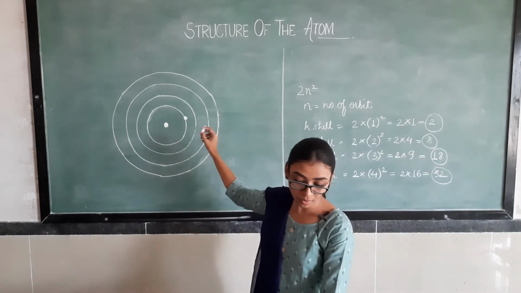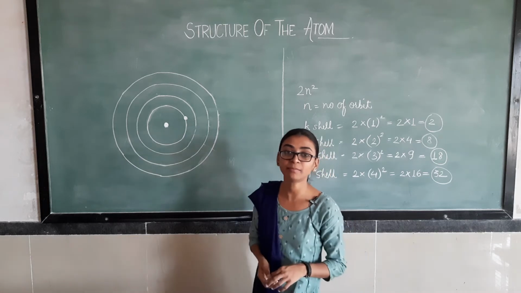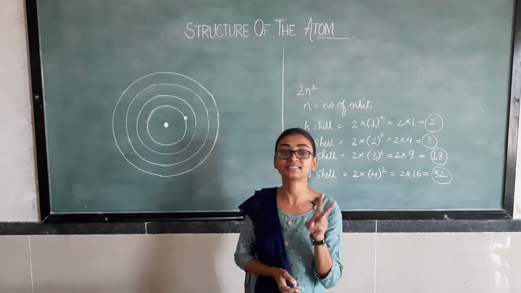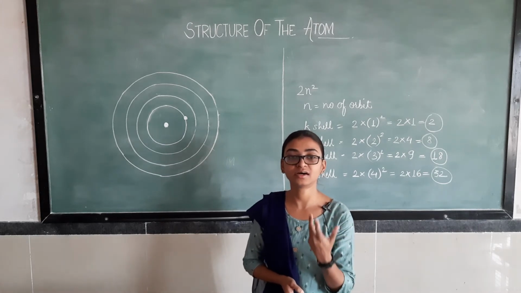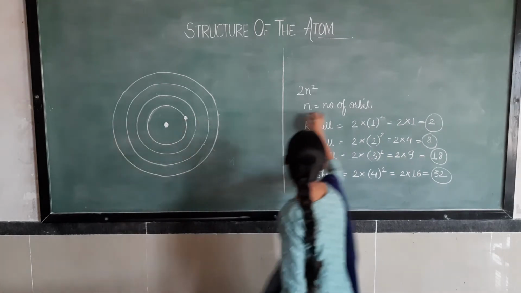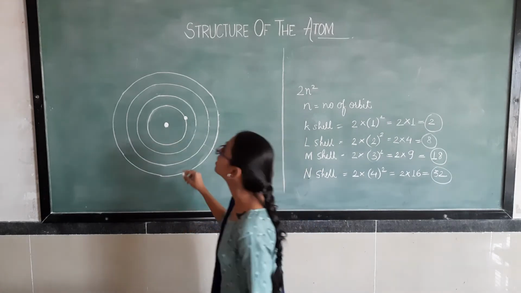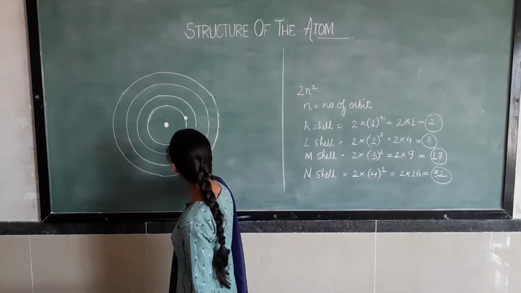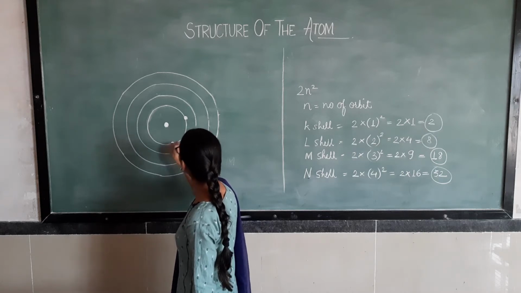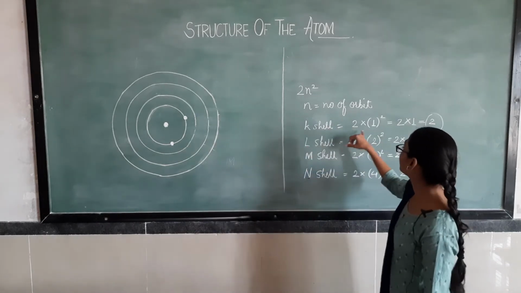Now move towards the right. Helium. Helium has 2 as its atomic number, which means it has 2 electrons. As we know the K shell can accommodate a maximum of 2 electrons, both electrons go in the K shell.